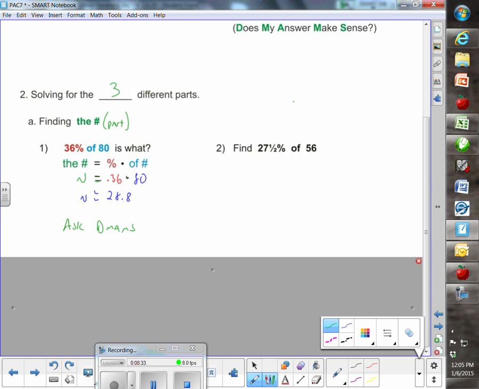Okay? Kaylin, question? Punch it in again, your calculator. 0.36 times 80. Say again. What does your calculator say? One, you're in fraction mode.